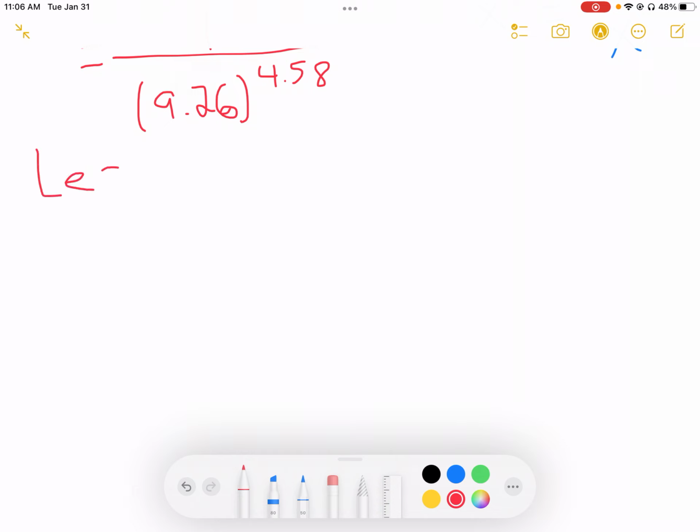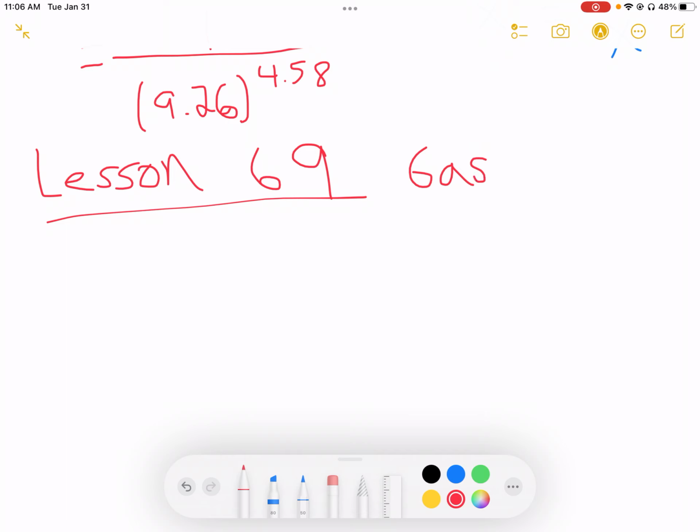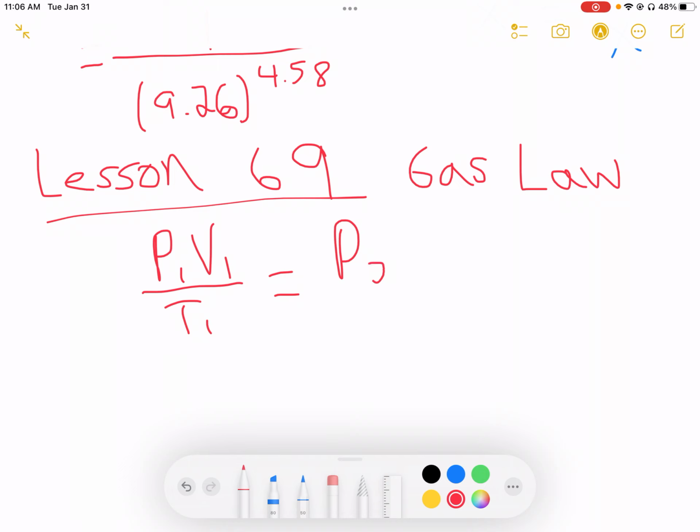Okay, so lesson 69. It's about the gas law. Basically, we're going to talk about this equation where it's P1 V1 over T1 equals P2 V2 over T2.